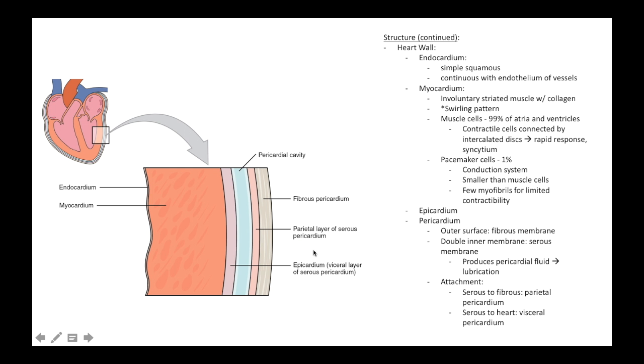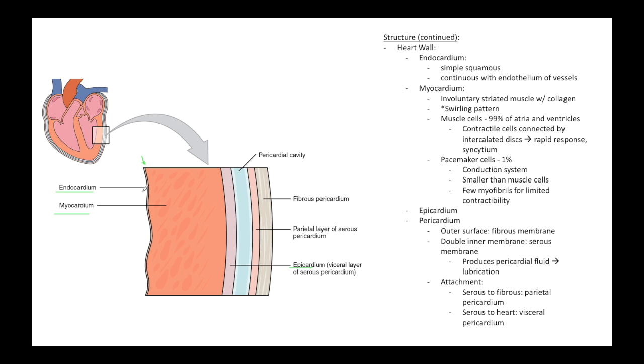Okay, so a little more about the structure of the heart. We're going to talk about the heart wall, which has the endocardium, myocardium, and the epicardium, and the pericardium. So the endocardium, which is this very thin layer that we see here, is made up of simple squamous epithelium.